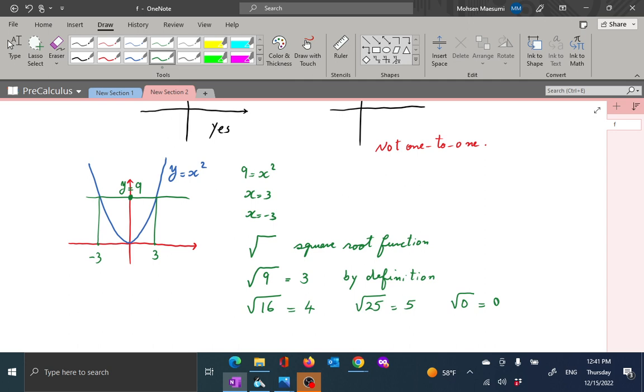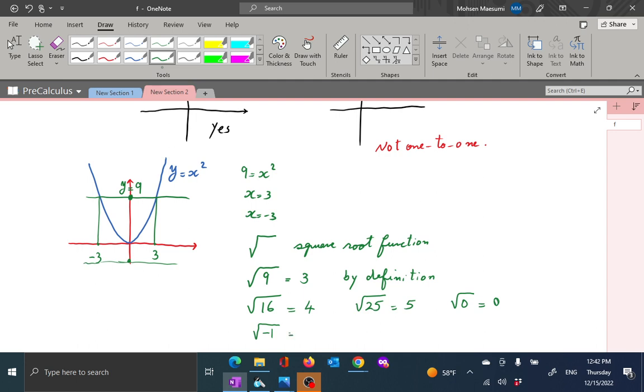Later on, perhaps we are going to come across, what's square root of a negative number? If I have negative 1 here, what x corresponds to that? Well, there is no x. There is no number on this line that if I start at that point, I end up at minus 1, for the simple fact that the line at minus 1 doesn't even cut my parabola.